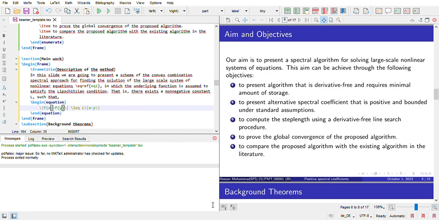Of course, what are x and y? We can say for all x, y in Rn.